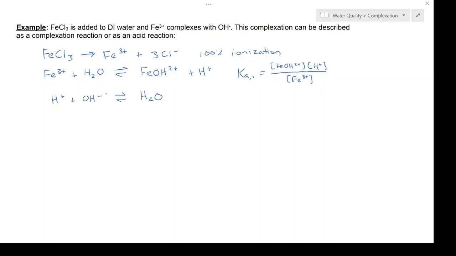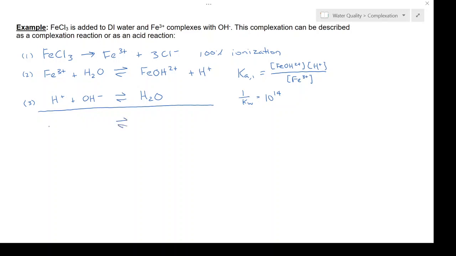And so then I describe this as 1 over Kw, or 10 to the positive 14. Okay, so I'm going to add those first two reactions. So if I number these 1, 2, and 3, I'm going to add 2 and 3 together. Okay, so right away you can see that the hydrogen ion cancels out, as does the water.